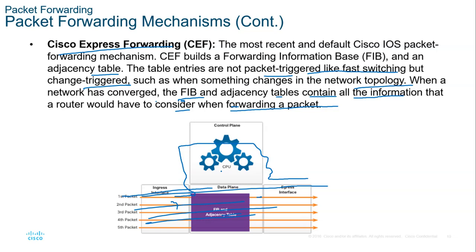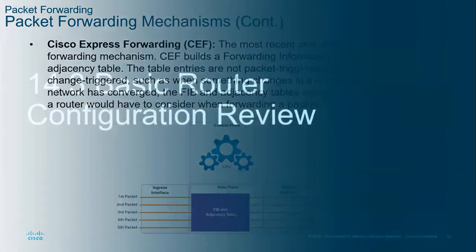When there is a need, it knows exactly what is in the adjacency table, which holds the neighboring information needed by that router.